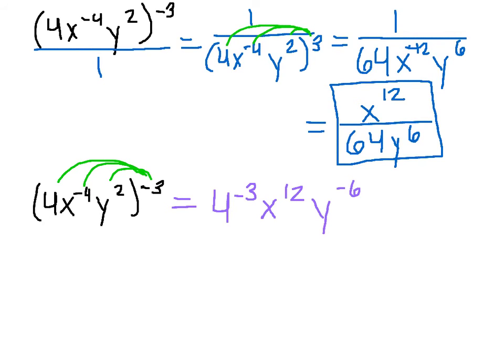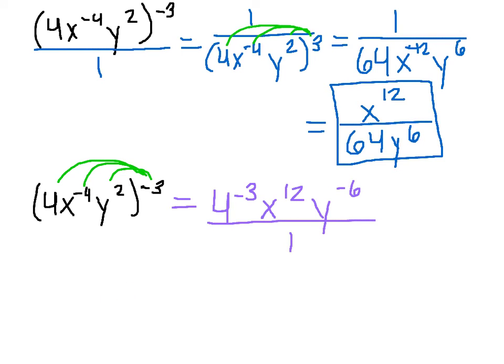Now what happened is, in my monomial, I have 2 exponents that are negative. And I've got to fix that. You cannot have negative exponents in your answer. So I'm going to create a fraction over 1, and I'm going to take the 4 to the negative 3rd and the y to the negative 6 and move them to my denominator.